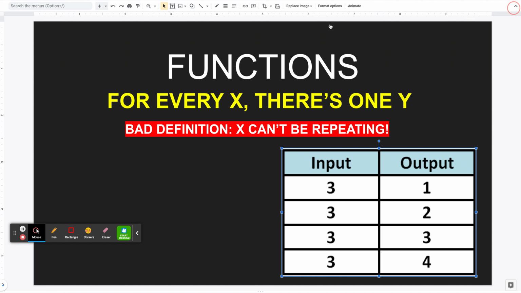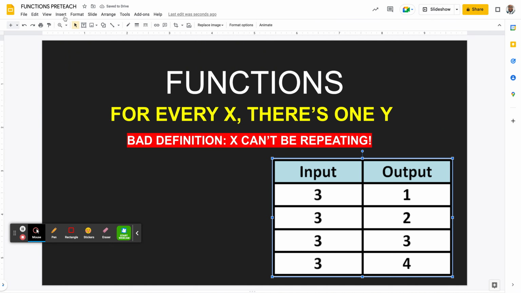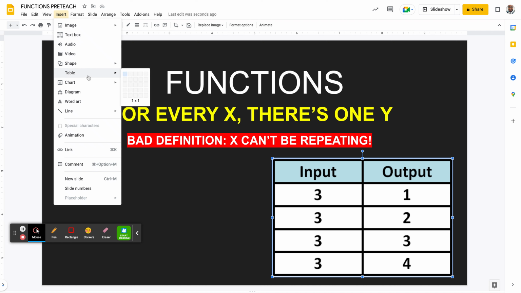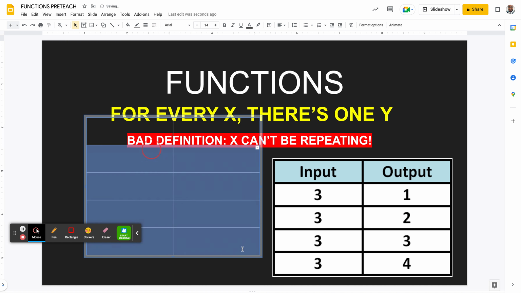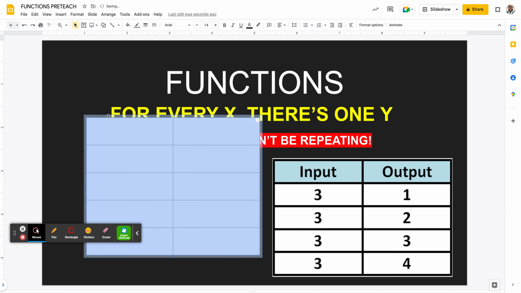But what I wanted you to see, I wanted to create it custom with y'all. I'm going to insert a table that is very similar. So 5 by 2. I'm going to highlight it and make it white real quick for us just so it pops a little bit.